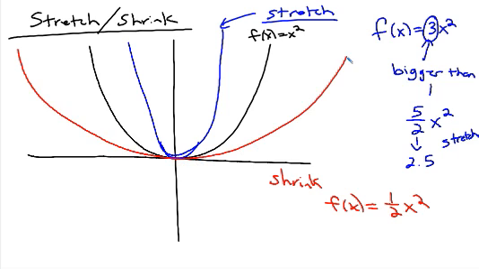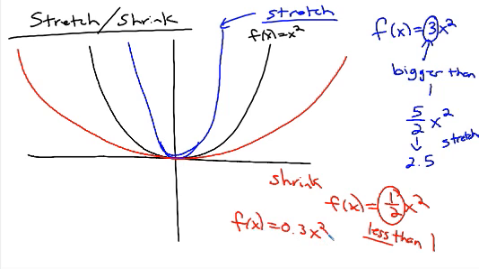It's been kind of compressed, squished, so to speak. And that is when this number out in front is less than 1. And remember, that could be a decimal, like 0.3 x squared. That is also a shrink.